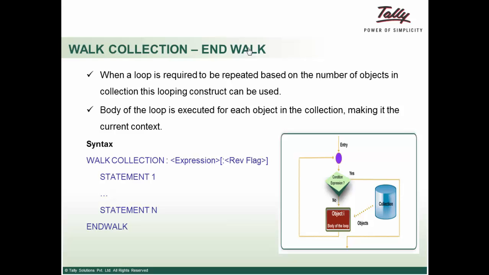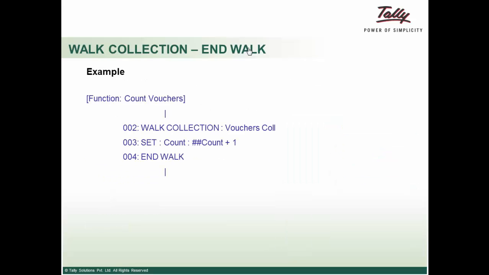The body of the loop is executed for each object in the collection, making it the current object. So that will keep on looping till we have all the objects exhausted within the collection. This can help you to create more ledgers or more vouchers, or a number of things can be made possible.